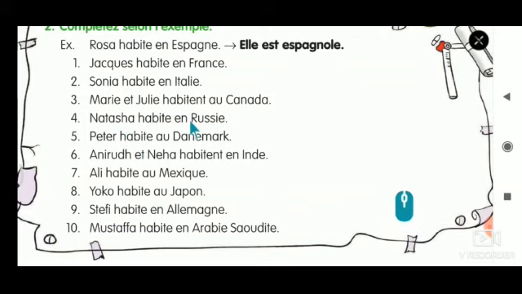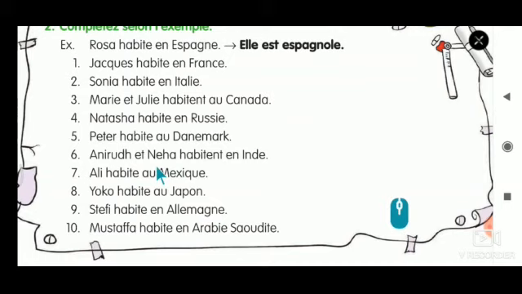Natasha habite en Russie. So elle est russe. Elle est russe. Only one person. So first check how many persons. Peter habite au Danemark. Danemark is danois, right? So il est danois. Anirudh et Neha habitent en Inde. Now this is one boy and one girl.